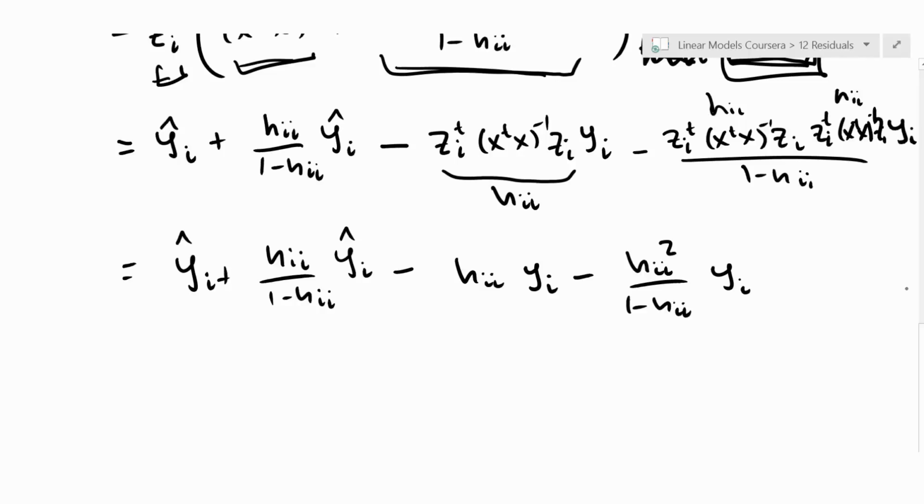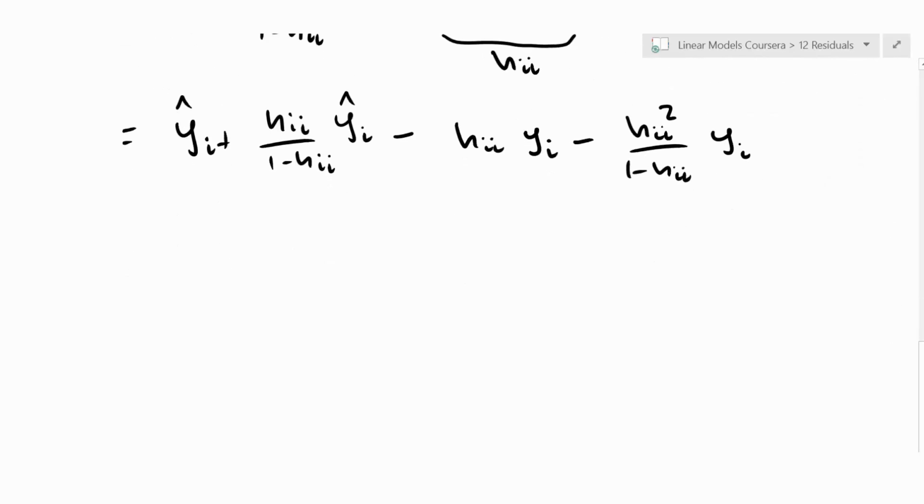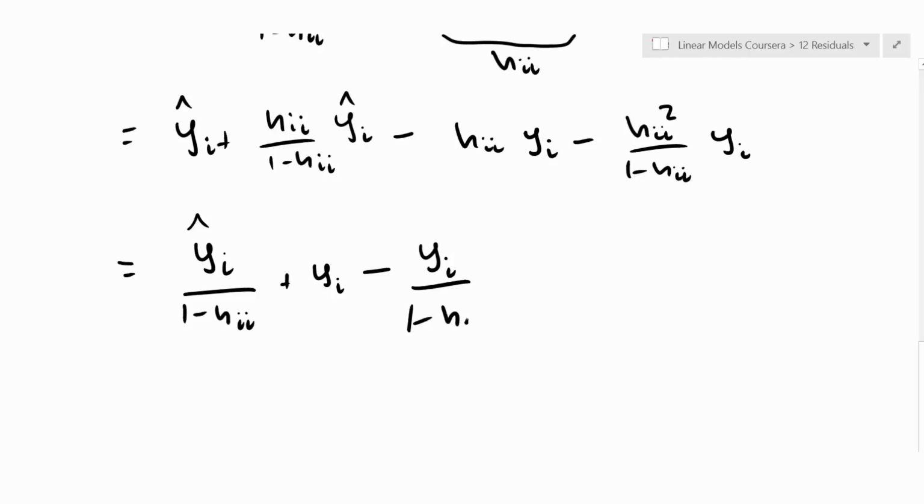Now you can work through the arithmetic here yourself and get that this works out to be ŷ_i over 1 minus h_ii plus y_i minus y_i over 1 minus h_ii.